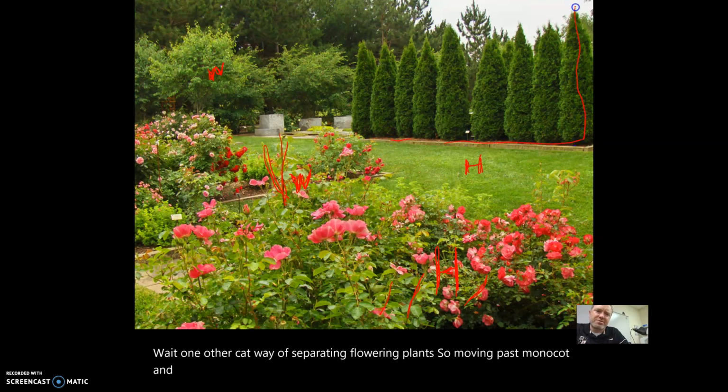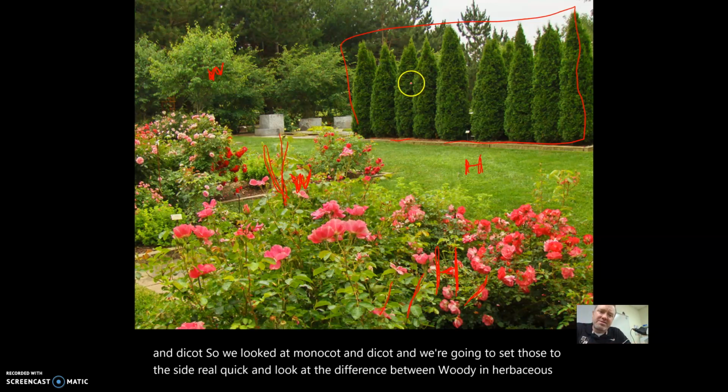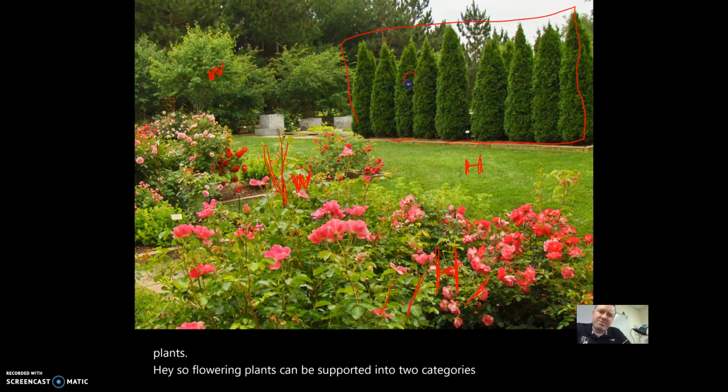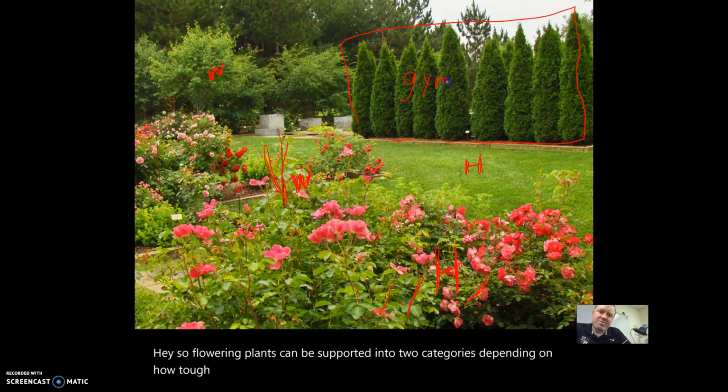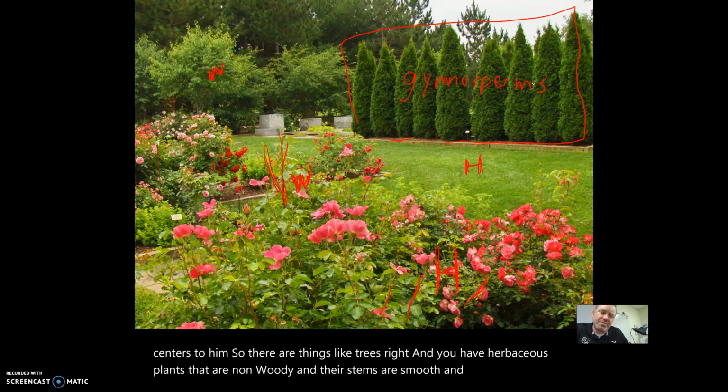What do we do with those? You say, well, definitely woody. Yeah, but you have to be careful. Remember that needled trees have cones. And so these are actually gymnosperms and not necessarily angiosperms, right? And we're talking about the difference in angiosperms. Well, even though they do fit woody pretty well.